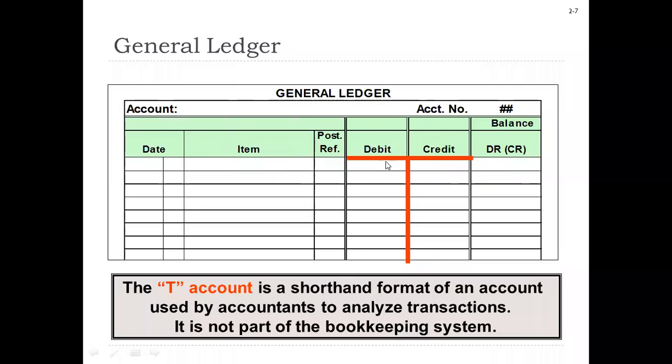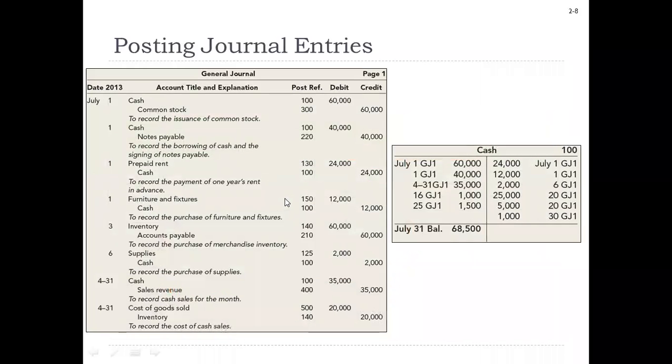Again, debits are always the left side of the T account. Credits are the right side of the T account. So rather than writing all this information down, the T account's kind of a shortcut method for describing what the debits and credits are. So here's how the posting process works.